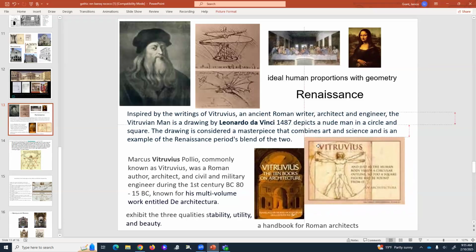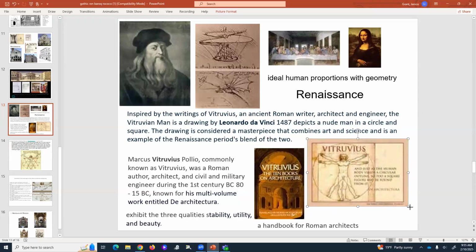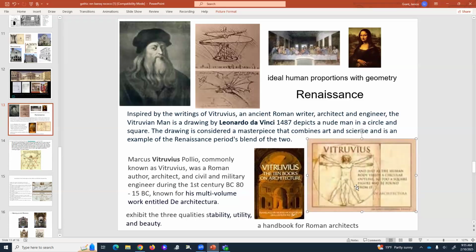It has been used on a lot of different documents, and it's this kind of figure of a man holding his arms out, and it's all proportional around this circle, but it's also using this nude man in a circle and a square to look at how our bodies are proportionate as well. So it combines art and science.